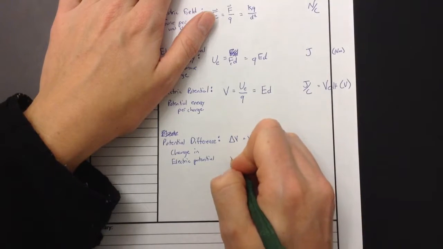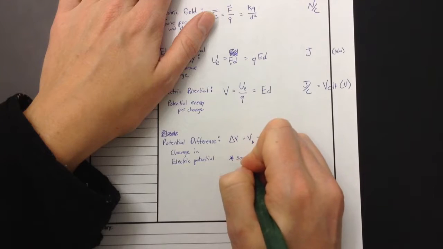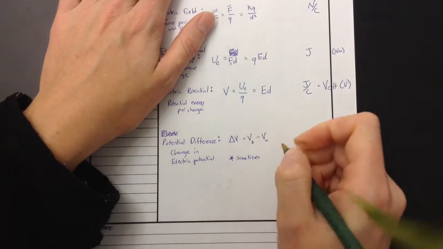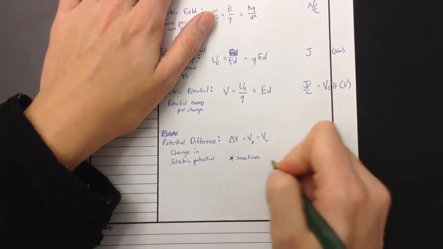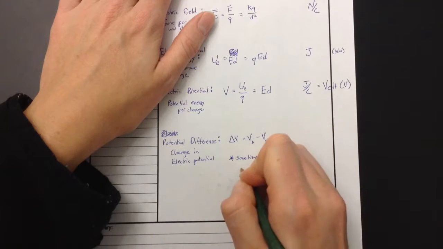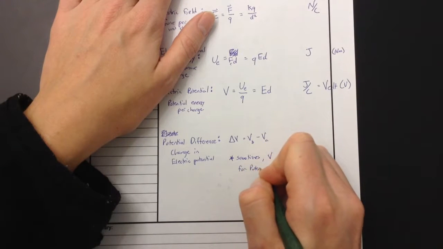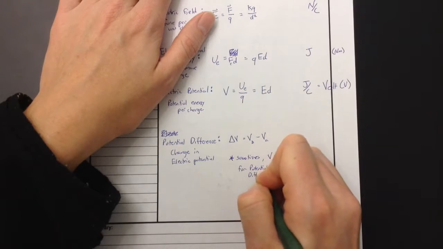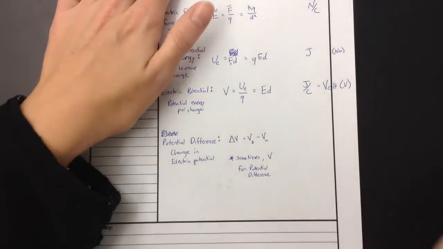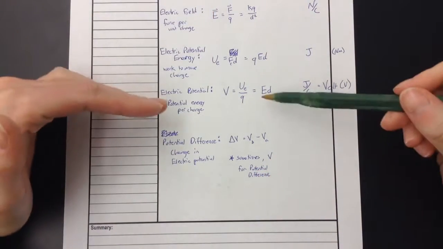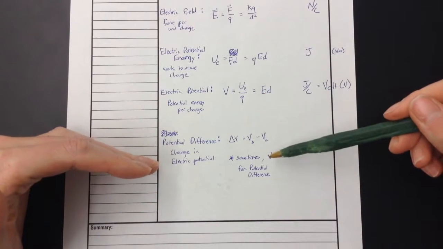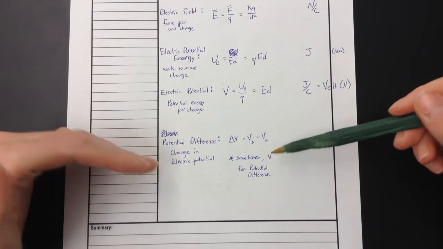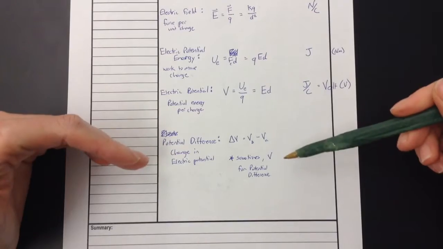Now, the confusing part is that later on we're going to use V for potential difference also. So you have to pay attention to what your question is asking. Is it asking for the electric potential, or is it asking for the potential difference? Sometimes they can be used in the same place.